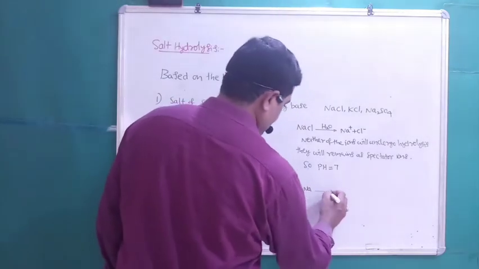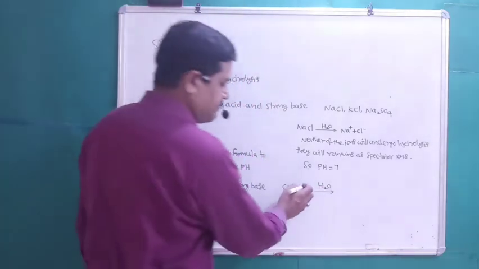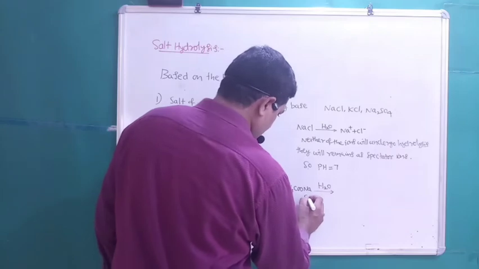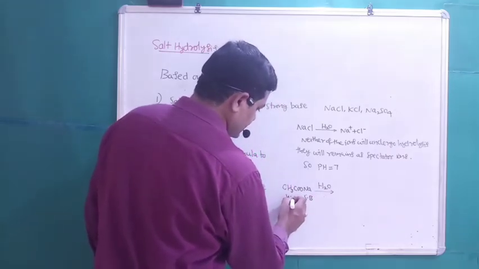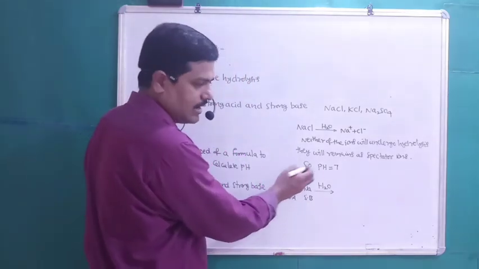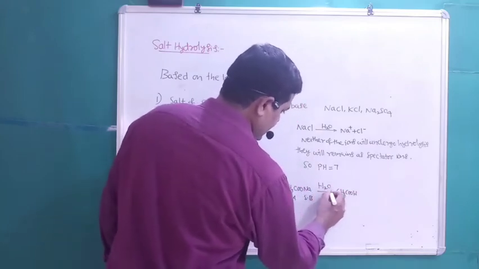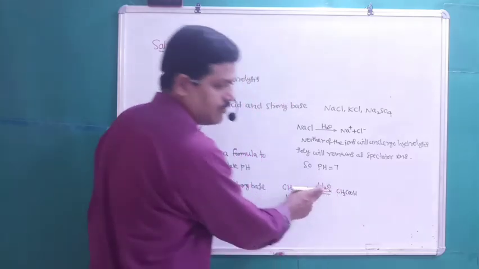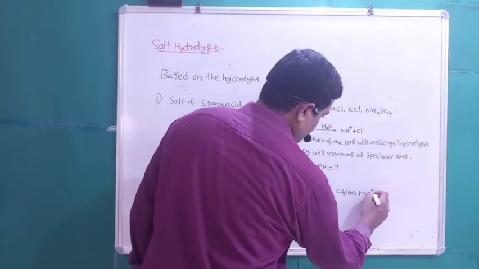When we put this in water, Na plus is from the strong base, but the acetate ion is from the weak acid. Then the weaker component of the salt will undergo hydrolysis, which gives CH3COOH. The acetate ion will take H plus from the water, but Na plus will remain as a spectator ion.